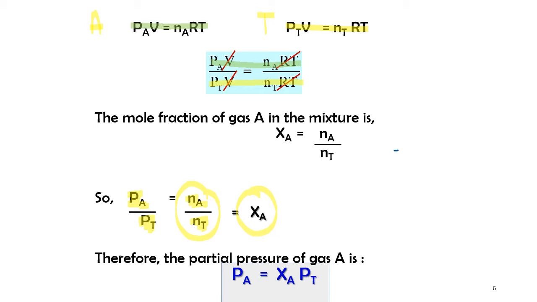So you can rewrite them as partial pressure of gas A. If you want to find partial pressure of gas A by using mole fraction, kamu boleh guna this equation. Partial pressure of A is equal to mole fraction A times total pressure. So up to you, whichever formula or method that suits you and suits the question.